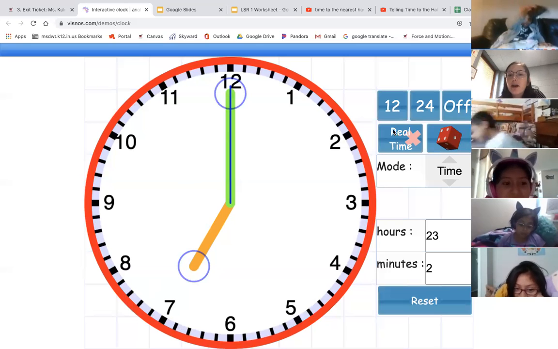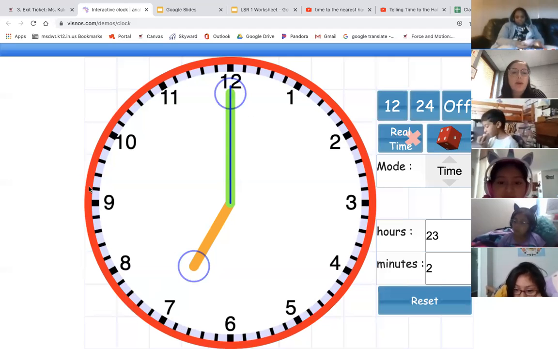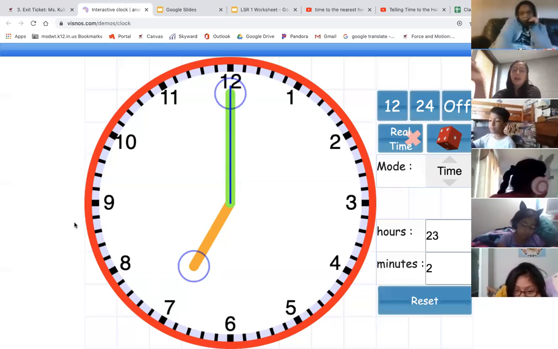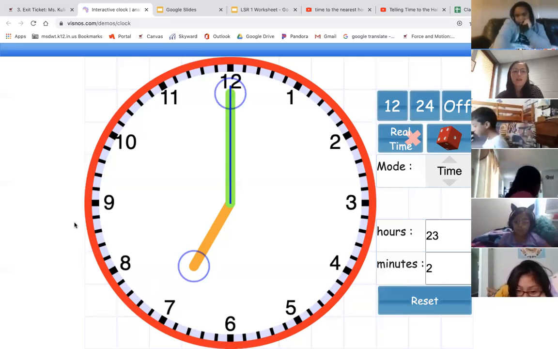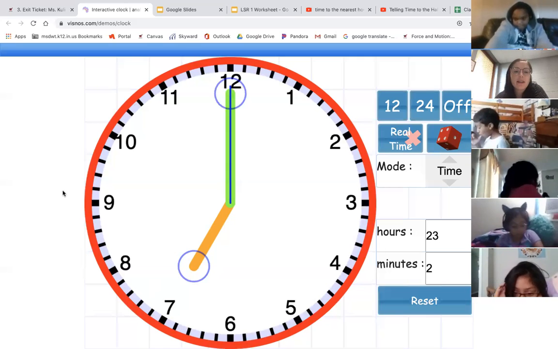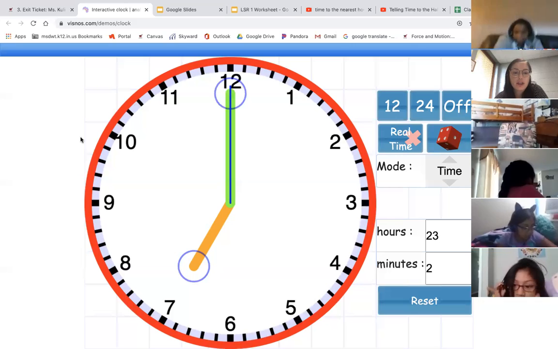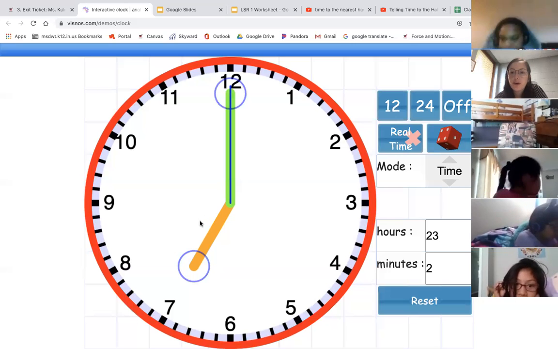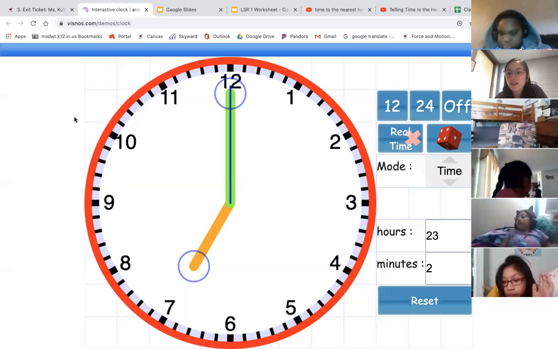Okay, I want Santana. I want you to privately send me a time, either an o'clock or a 30. Send me a private message on Zoom. All right, Santana's going to pick our next clock.